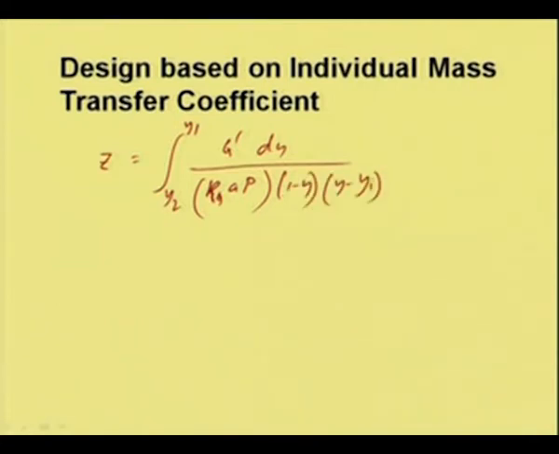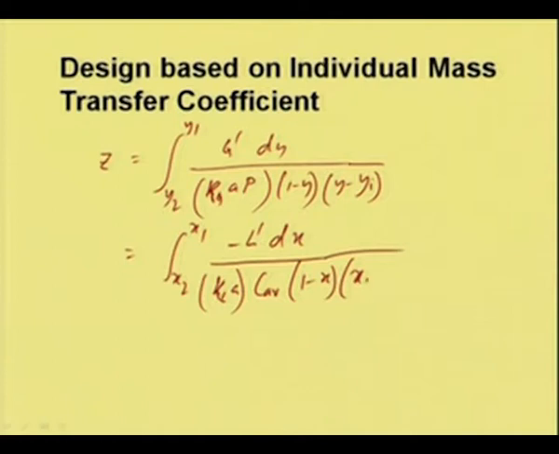We can use other types of individual mass transfer coefficients to calculate the value of z, which is equal to integral y2 to y1 g dash dy divided by capital Kg a p into 1 minus y into y minus y I, or we can also use integral x2 to x1 minus L dash dx divided by capital KLA into CA average into 1 minus x into xi minus x.